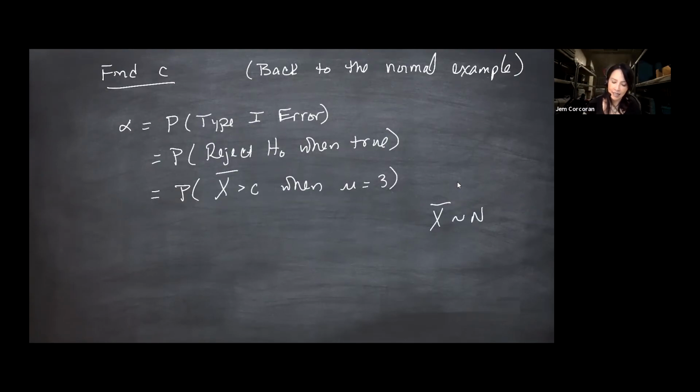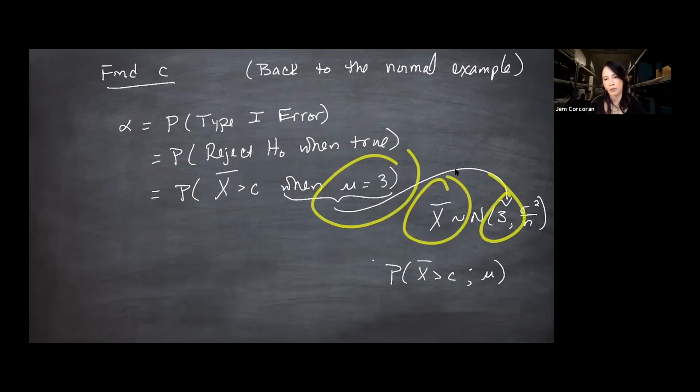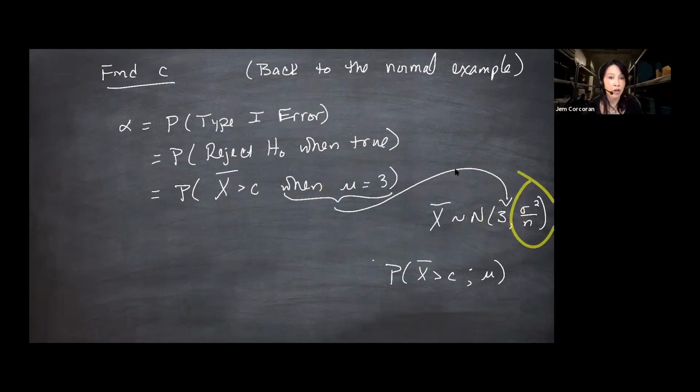And if we're restricted to this case when the mean is 3, then that tells us the mean. And the variance is whatever was given over the sample size, which is known. I have a normal distribution, so I know X bar is still normal. If the mean is 3, I know the mean for X bar. I know the variance for X bar because both sigma squared and n are assumed to be given.